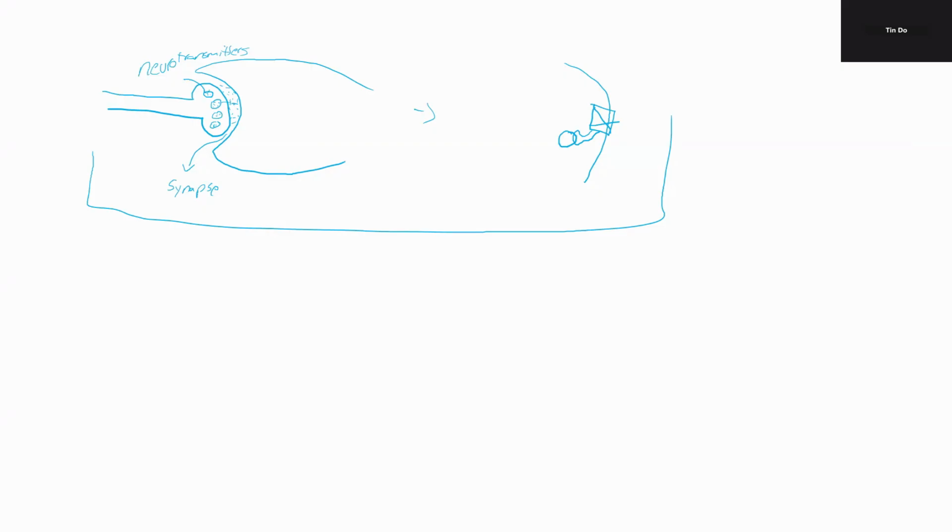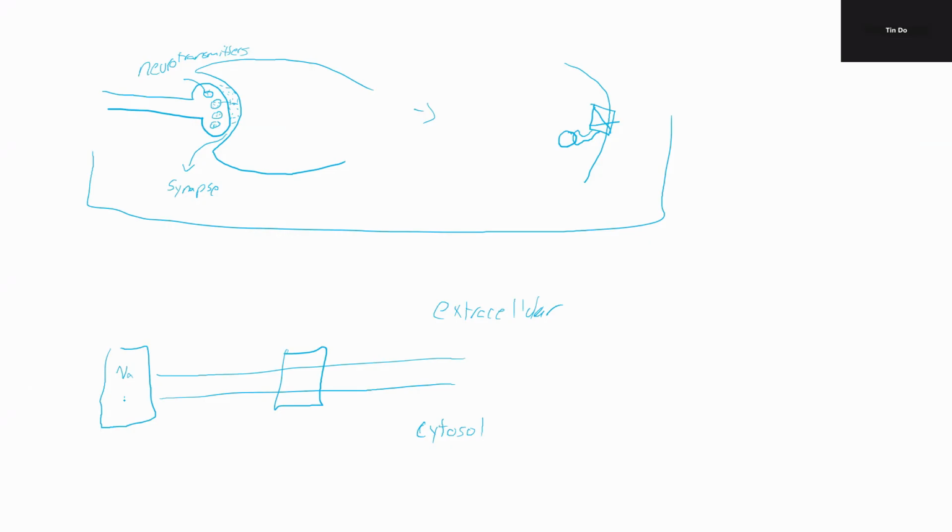Before we get to the next slide, let's just set some ground rules here. I'm going to draw parallel lines to represent a lipid bilayer. Hopefully you guys understand that. We have embedded proteins throughout, but what we need to know is that the outside of a cell is extracellular, and the inside is the cytosol. We know that there will eventually be a pump called a sodium potassium pump.